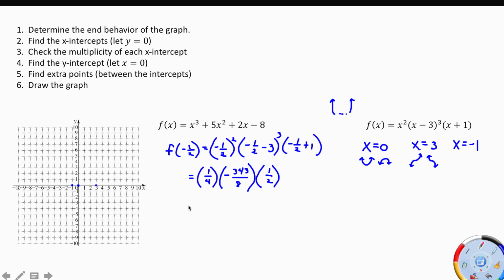So I know it's going to be negative. Negative 343 over 8 times 4 is 32 times 2. 64. So I might need to know about what this number is.